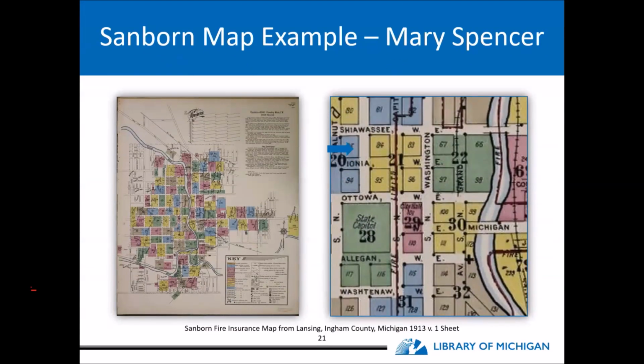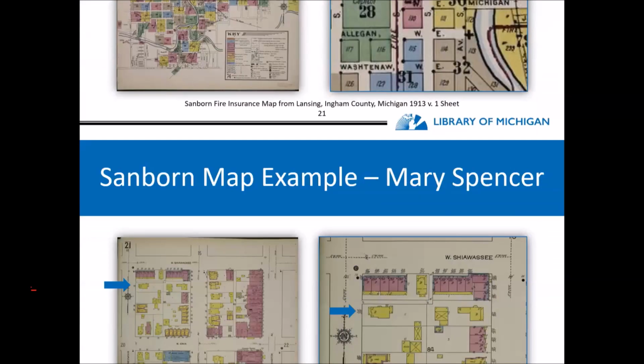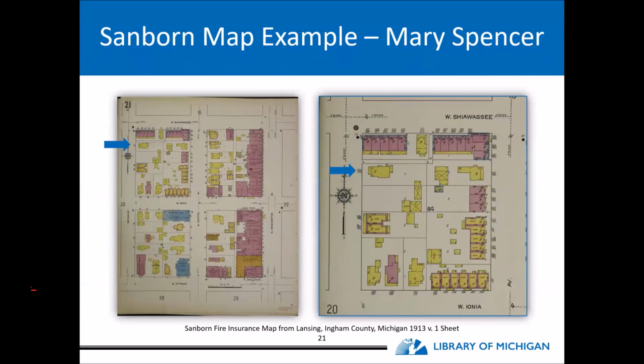But if we take Mary Spencer and move forward, we have that address of Seymour. So we want to go to Ingham County, and here we've picked, according to the information below, the Sanborn map, Ingham County, 1913. We're going to go to a sheet. There's that little blue arrow. That's what we're going to be focusing on for Mary Spencer. As we move on and start blowing up, going to the corresponding sheet for Seymour, on the left-hand side we have the block, and the arrow is pointing to this yellow building.